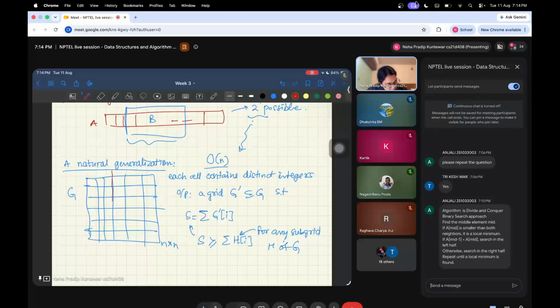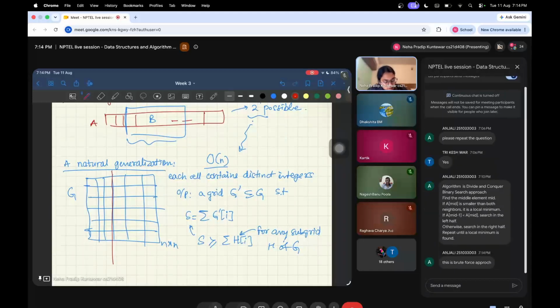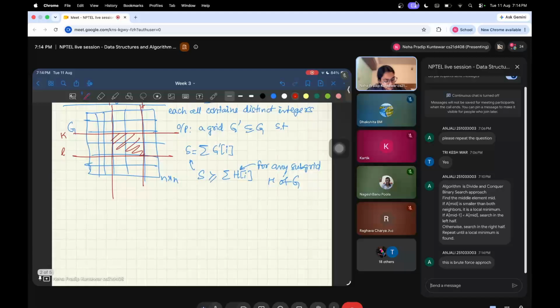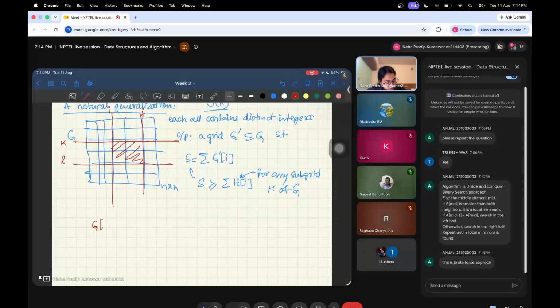Okay, so a subgrid is defined by choosing two columns i, j and two rows, let's say k, l, and whatever is in the intersection of that. So this is how you'll mathematically write it: all the elements g of x comma y such that x is between k and l, and y is between i and j.